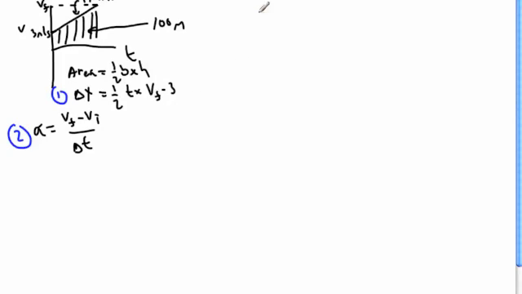And so I'm going to take the acceleration equation, Vf minus Vi over t, and I'm going to try to solve this for Vf. I'm going to do that and then restart the video.